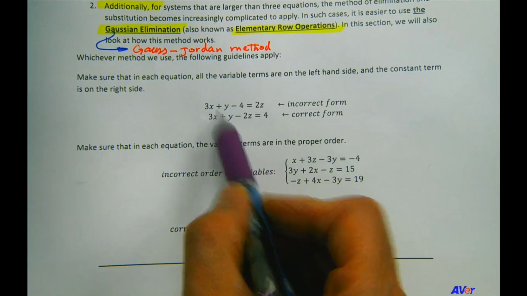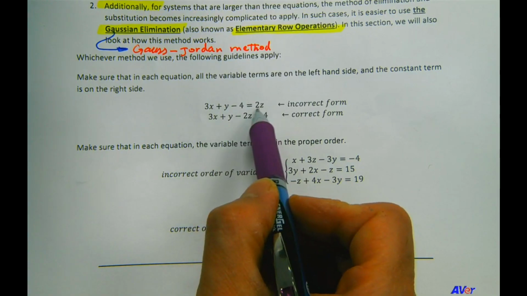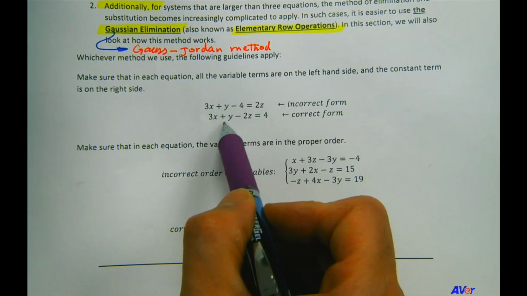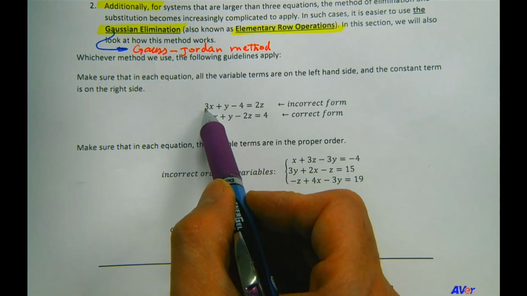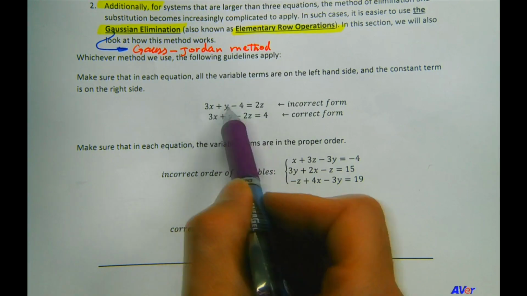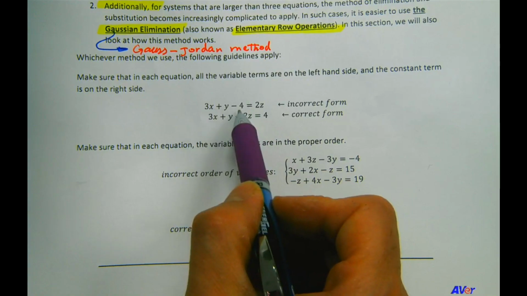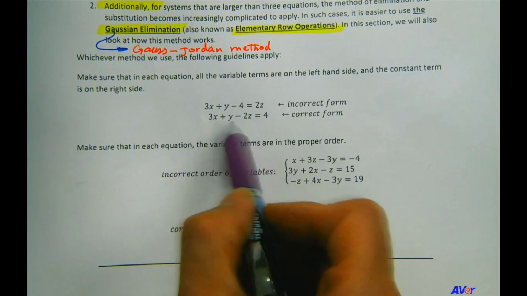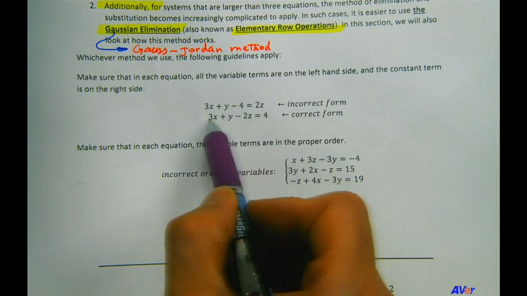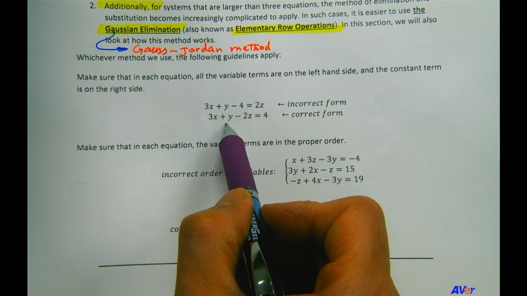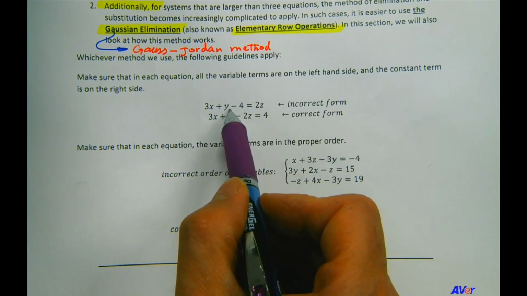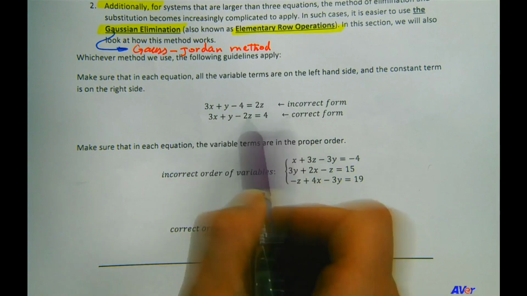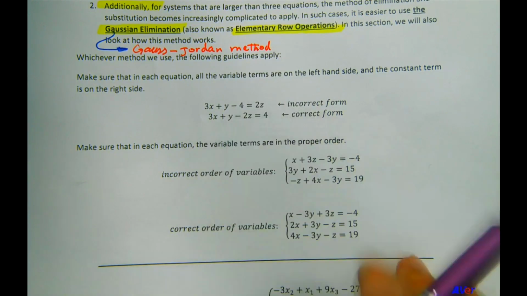So we can't have z on that side, like I've shown here, as one incorrect format. Or we can't have y first and then z and then x, or y, x, z. All the variables must be on the left side, and they must be in order, just like what I've shown in the correct form for the above equation. Okay, so the above is not correct, it's an incorrect form. This one is the correct form of having our equations set up.